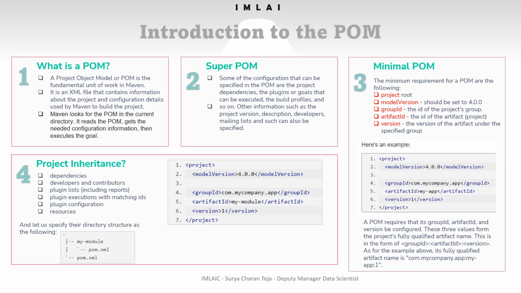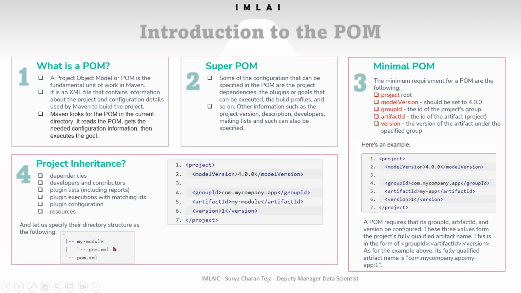So now let us specify the directory structure as the following. It should be placed in such a way that if you have a my module, and inside that you should have a pom.xml if you want to inherit it. So the pom.xml here is the main one. This is the main POM file, that's pom.xml.